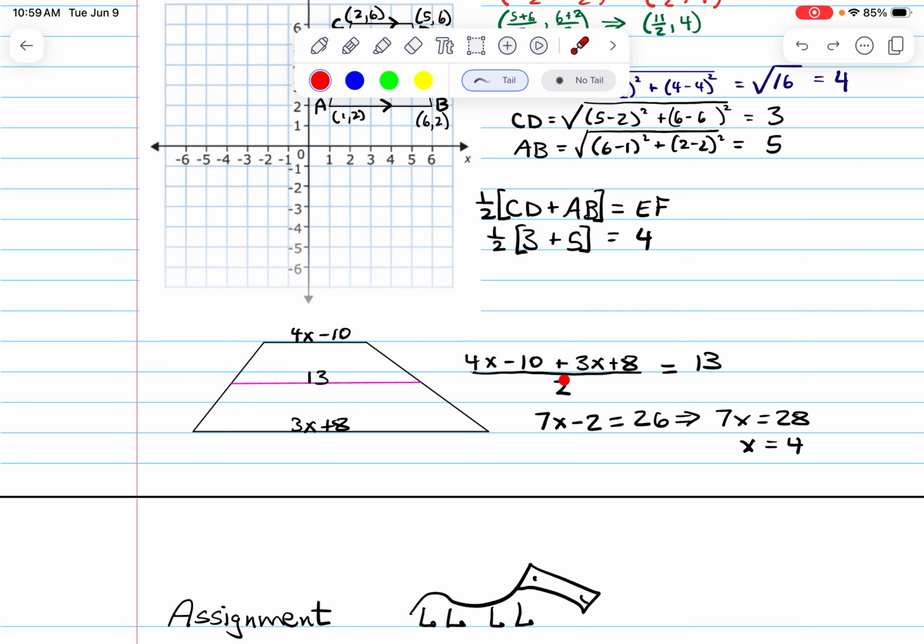Well, let me get rid of this 2. I'll multiply both sides by 2 and get 26. So I've got 7x, and negative 10 and 8 is negative 2. Then I just solve this and get x equals 4. And that's how you can work with the median.